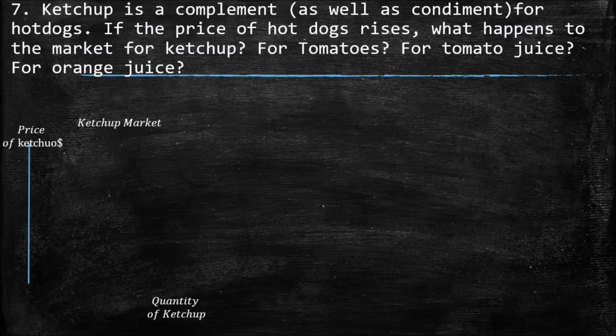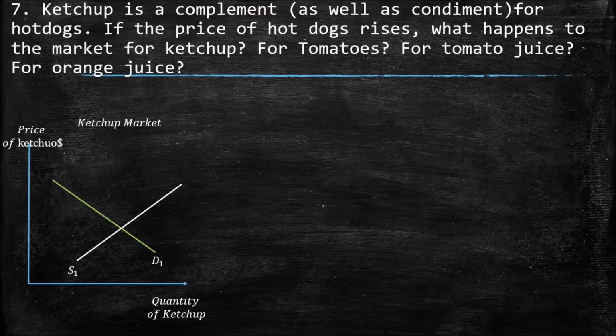Here we have on the x-axis the quantity of ketchup, and on the y-axis the price of ketchup. Here we have the initial condition, but imagine that the price of hot dogs rises. What does it mean?